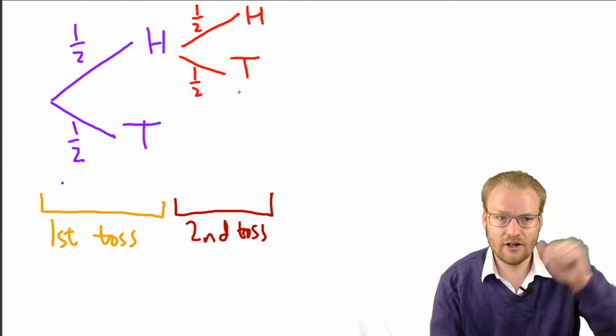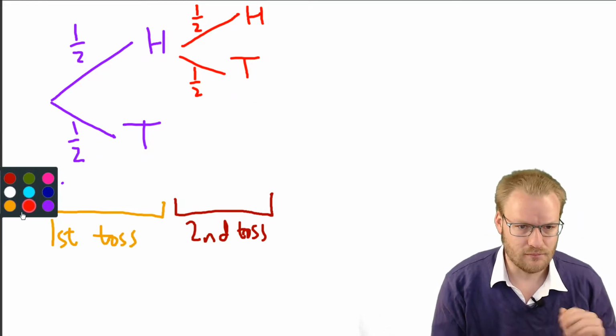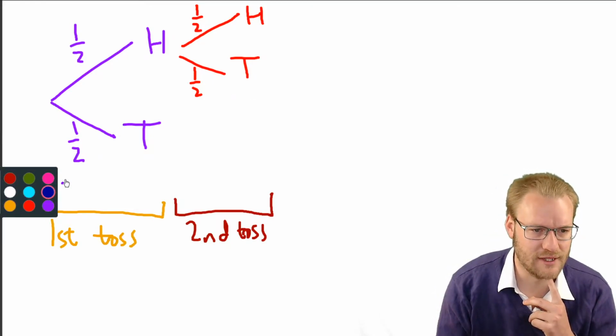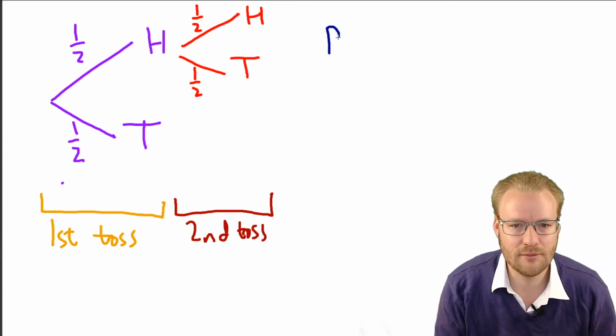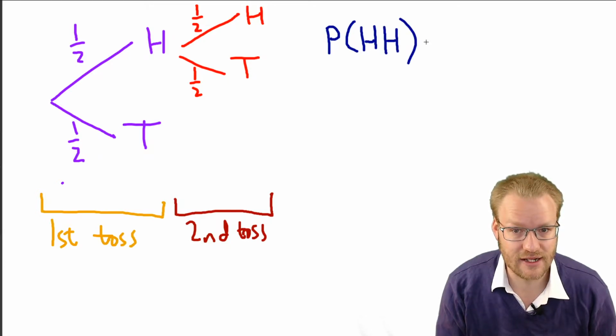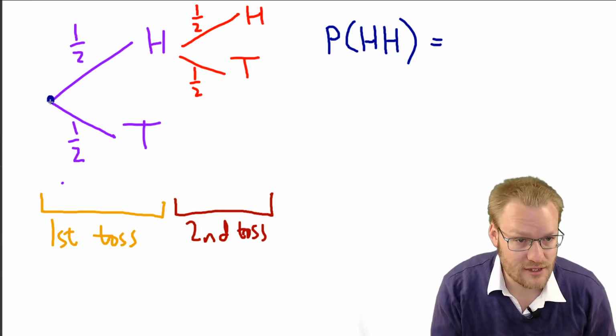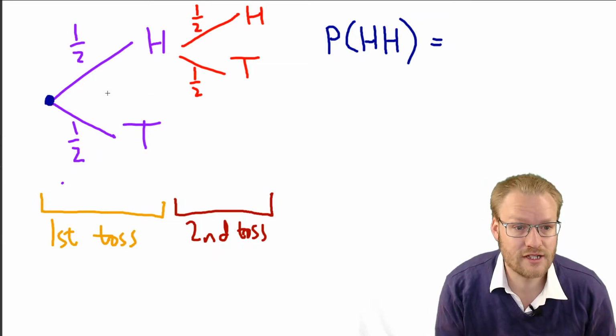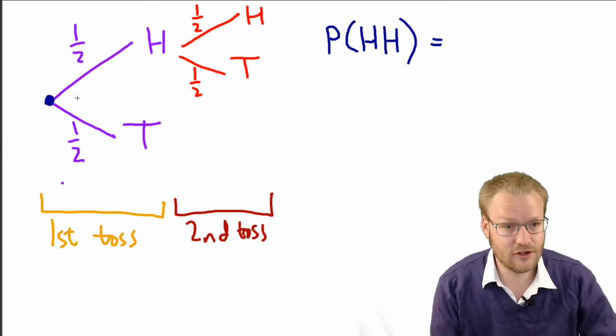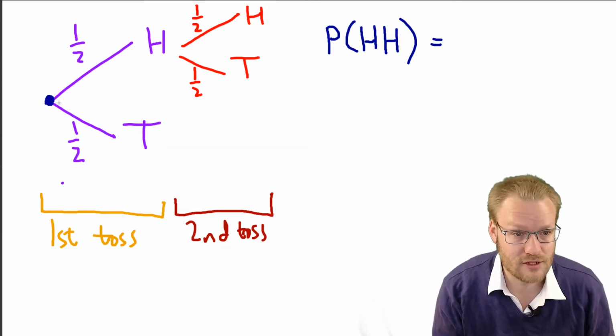So before we carry on with our tree diagram, let's pause and look at a probability and say, what's the probability of getting a head and then getting a second head? So let's look at our diagram. Here we start. First thing we do, on that first coin toss, what must we get?